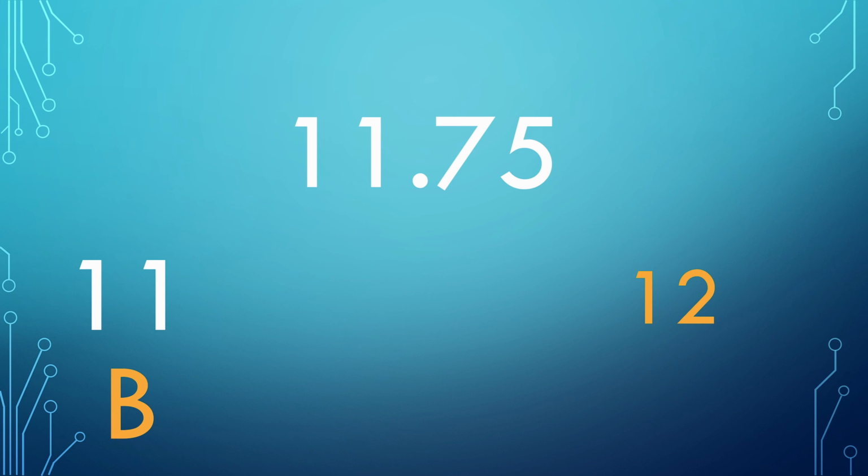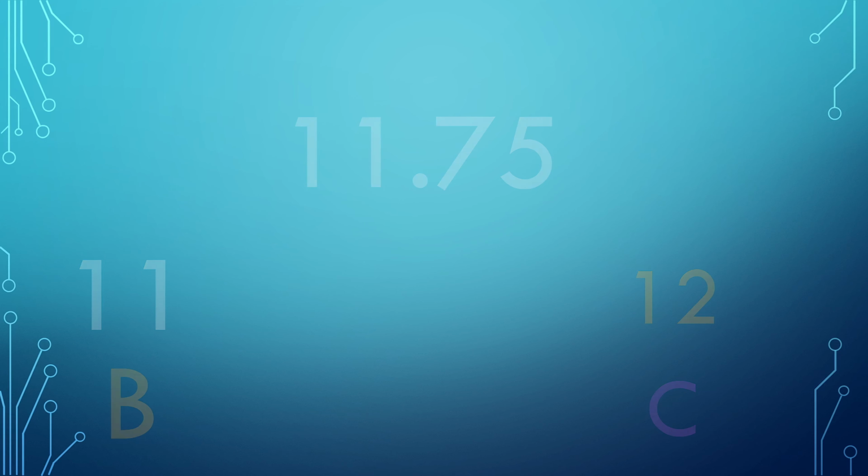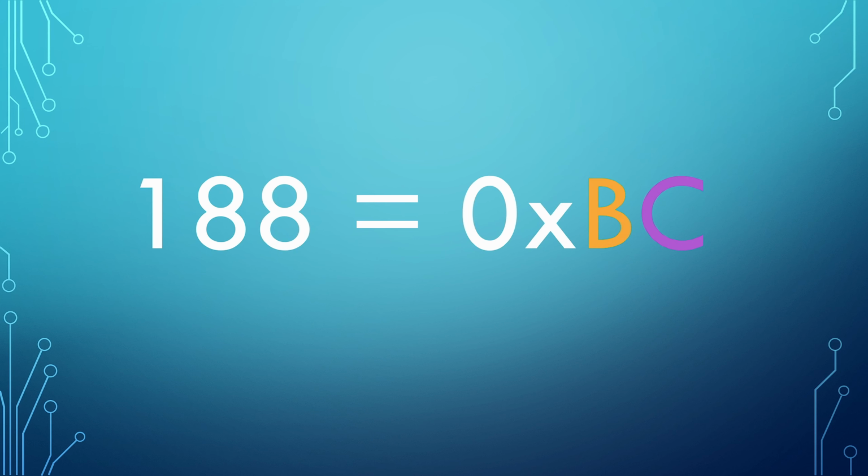We know from our chart that 12 is C. So we know that 188 then is 0xBC. I went through this fairly quickly because there's actually an easier way of doing this. Though it does involve extra steps, it's actually pretty straightforward. We'll learn about it a little bit later or in a different video.